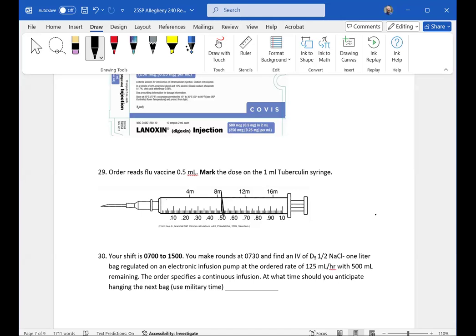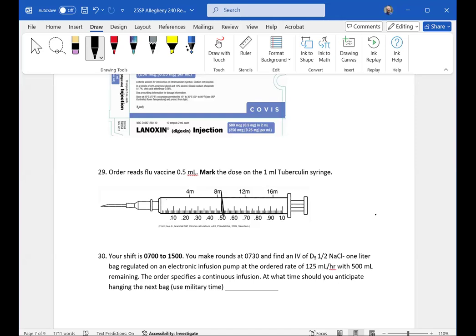That 0.5 is what they're asking you to do. So you're ignoring the 4, 8, 12, 16, whatever those M indicators are, those aren't milliliters. We're assuming that the 0.1 up to 1.0 is milliliters because 1 milliliter is the total for the syringe.